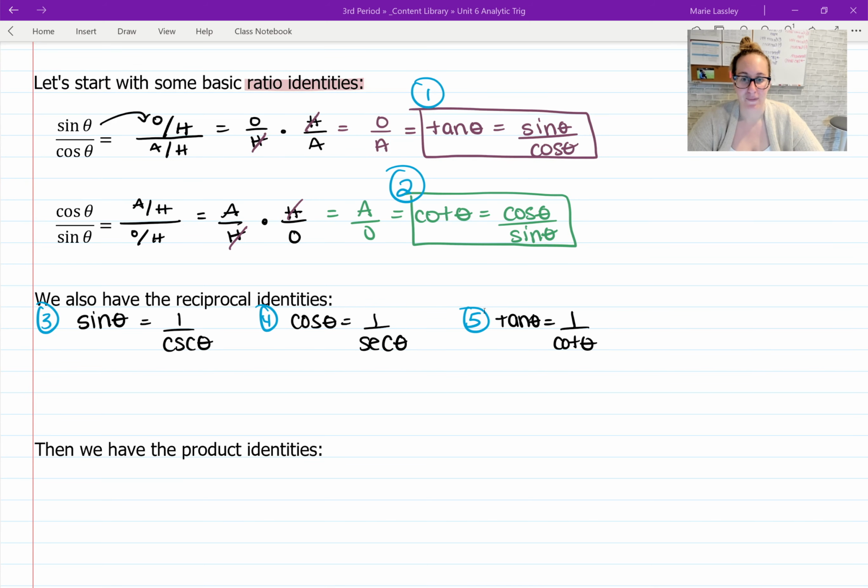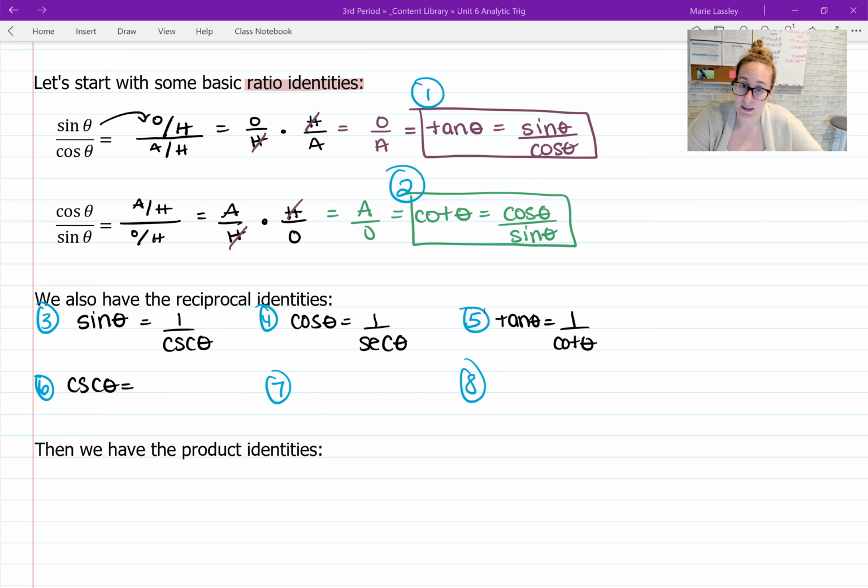Bam. Now you can also go the other direction, right? So number 6 and 7 and 8. That way I don't have to keep doing it. I knew there were 6, I was just double checking before I labeled them all. So if sine equals 1 over cosecant, then cosecant equals 1 over sine.